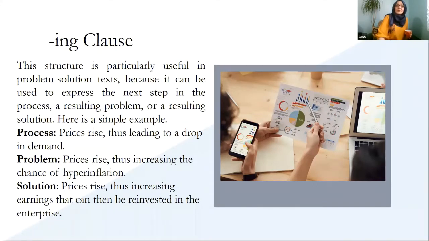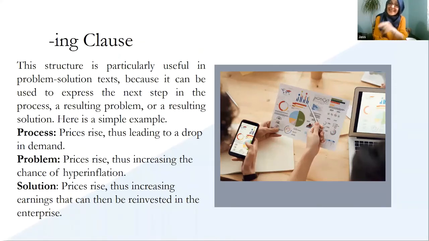Now, looking at the first example, a process sentence. Prices rise, thus leading to a drop in demand. Here, by using the ing clause and the clause at the end, we're turning it into a process sentence. We're giving information about the process. Now, the second one, problem.